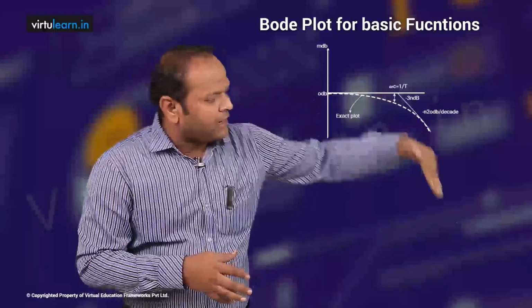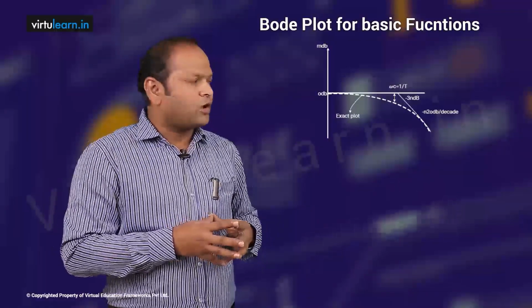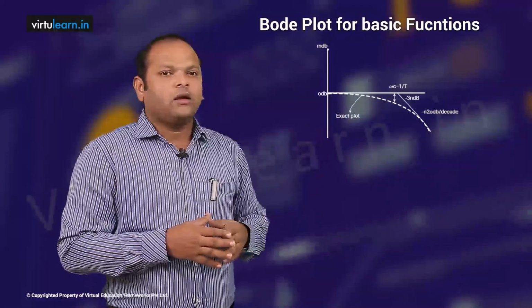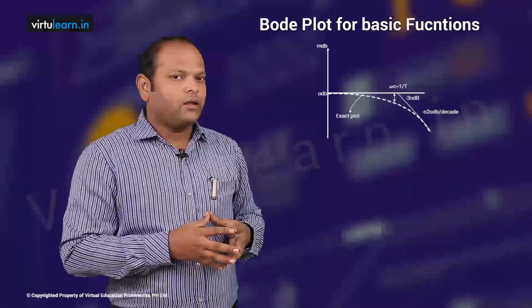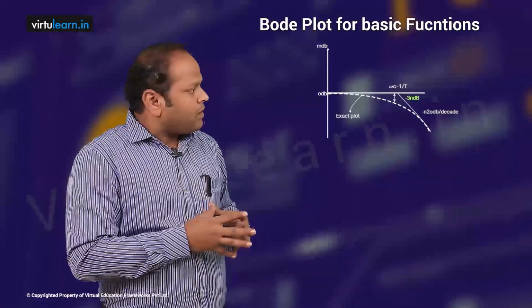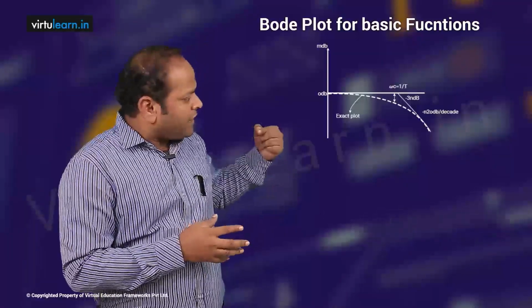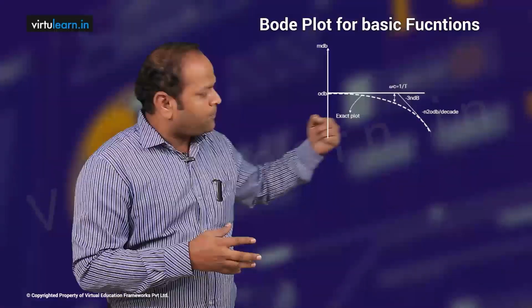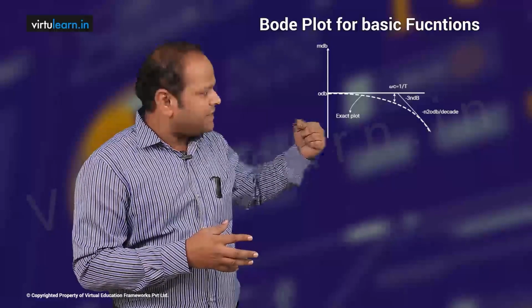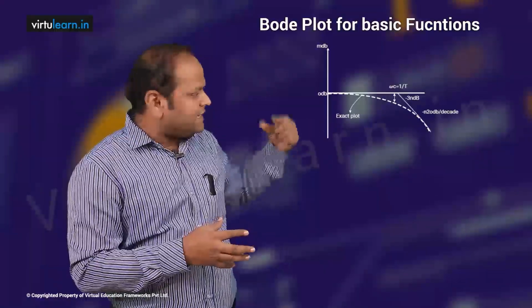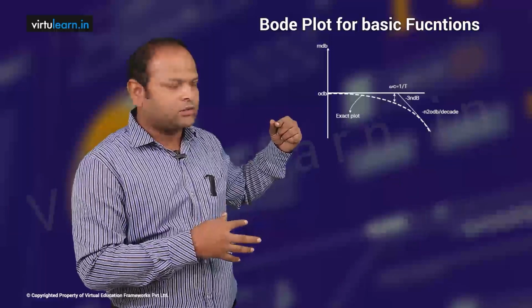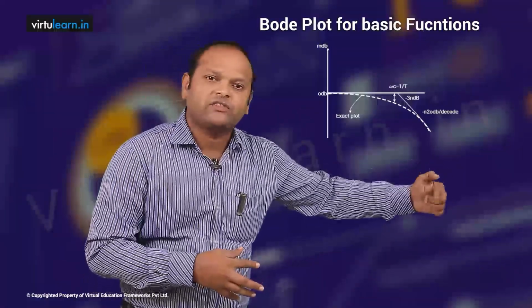Now this is my magnitude plot for the term we have taken, 1 by (1 plus j omega t). But when you plot exactly, we have a plot like this. This is the exact plot. At lower frequencies it matches our plot, and at higher frequencies it matches our plot.